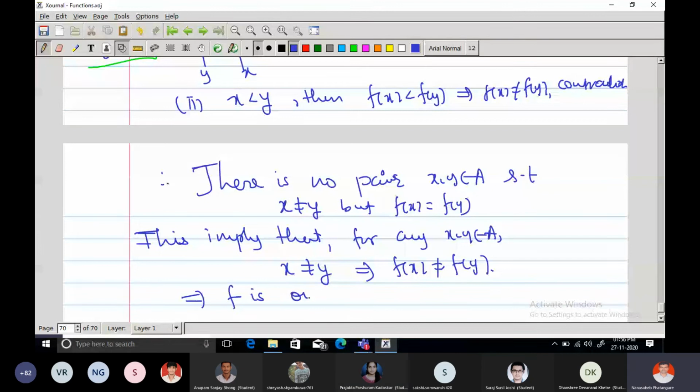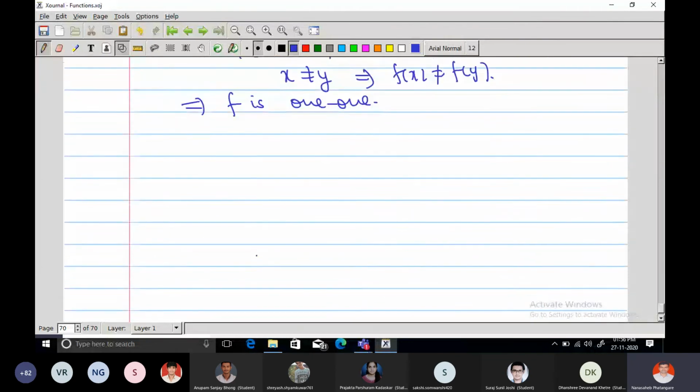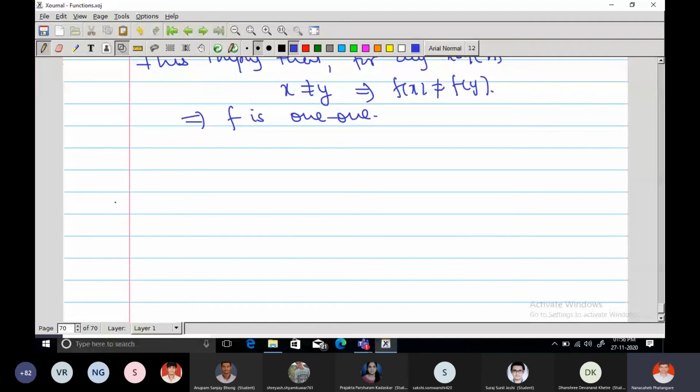Yes, sir. Very good. So therefore, if a function is strictly increasing, then certainly this function is 1-1. And there is another way to look at the 1-1 ness. What could be the analogous statement?